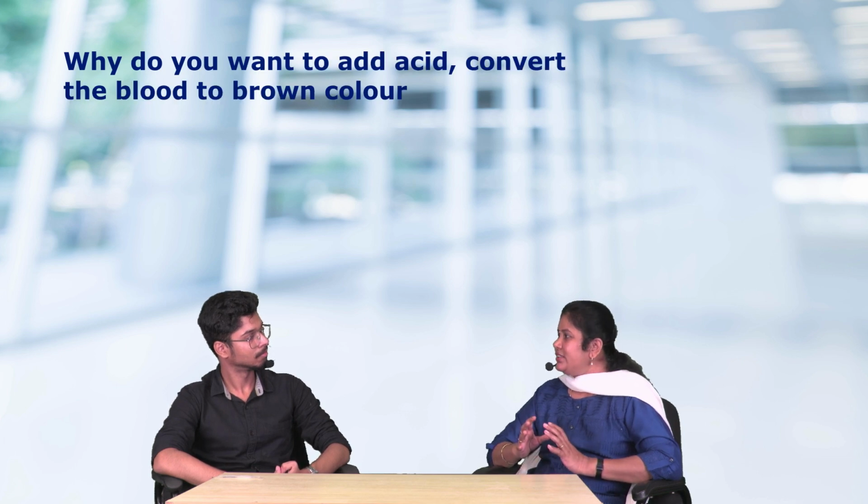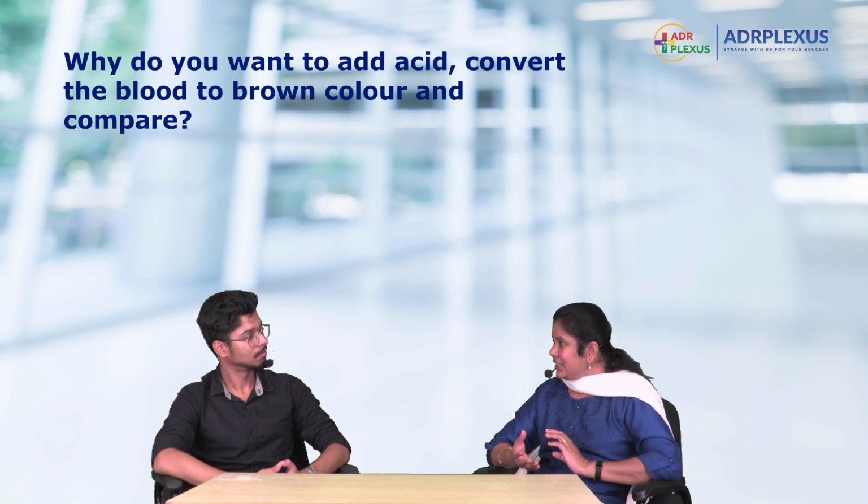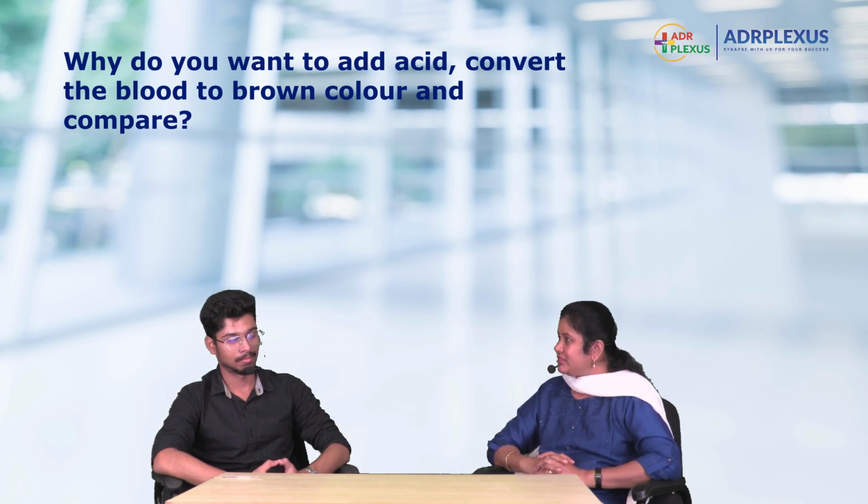Now, one out-of-the-way question, Naveen. Why do you want to add acid to the blood, convert it into a brown color, and then compare with the comparator? Why don't you just compare the red color of the blood with another red comparator? Maybe the acid may lyse the RBC and release the hemoglobin.